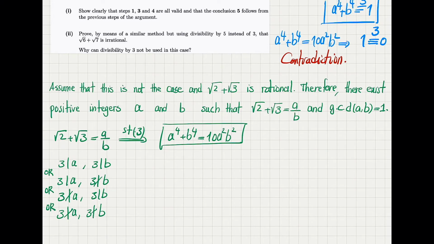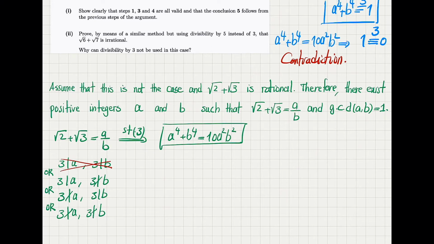Now let us take this into account. Because the greatest common divisor of a and b is supposed to be equal to 1, this cannot happen. I need to rule this out, because if a and b are simultaneously divisible by 3, then the greatest common divisor of a and b is at least 3, not equal to 1. So remember, on the one hand, one of these cases should happen.